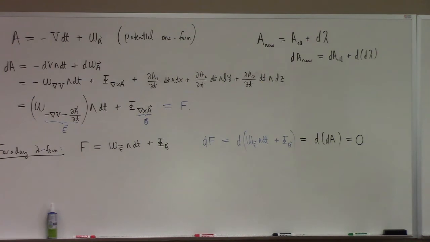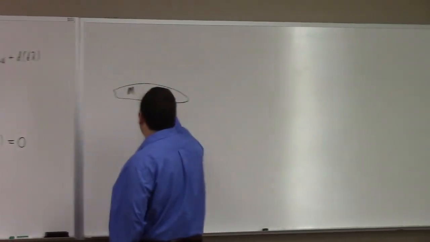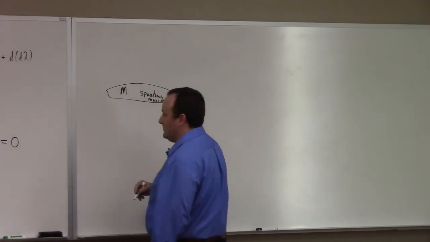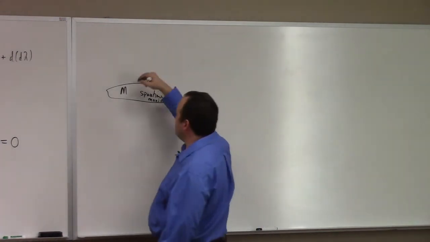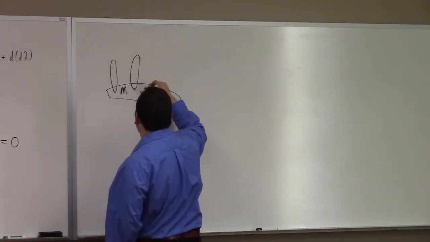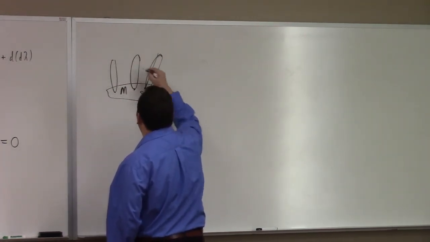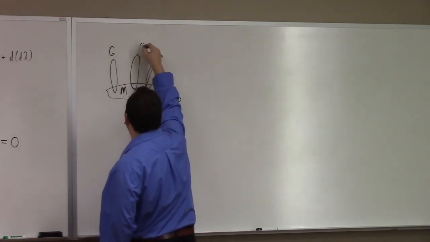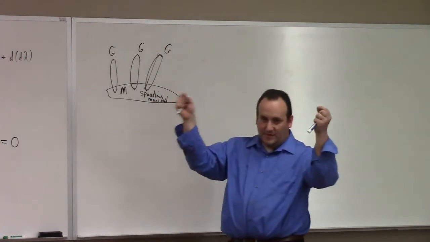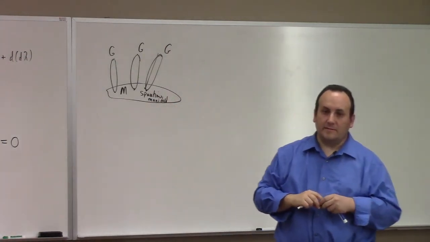Roughly speaking, the way we do physics these days is you have M, your space-time manifold, and you imagine attaching some gauge group G at each point in space-time. You can think about it kind of like that.